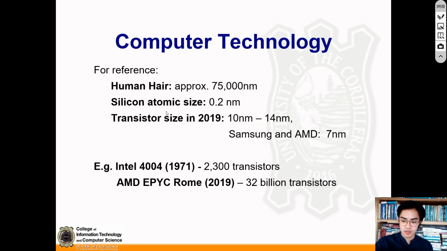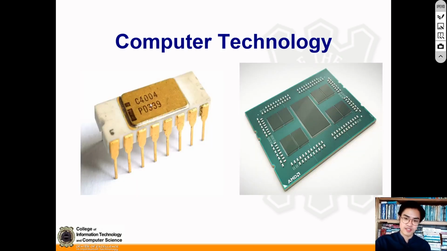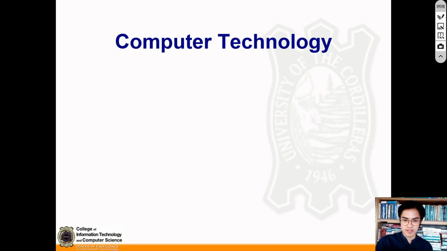So this is a comparison. This is an image of the Intel 4004 in 1971, and this is the integrated circuit of the AMD EPYC Rome in 2019. So that's how far we've come. So that's the first consideration.